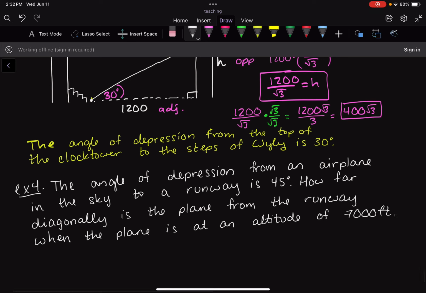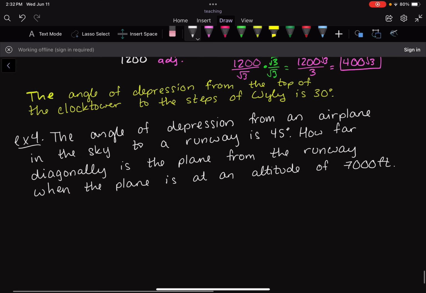So let me read this for us again. The angle of depression from an airplane in the sky to a runway is 45 degrees. How far diagonally is the plane from the runway when the plane is at an altitude of 7,000?